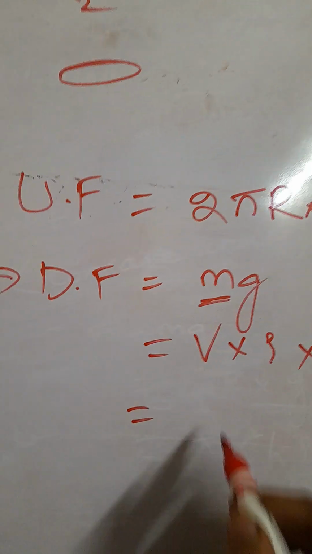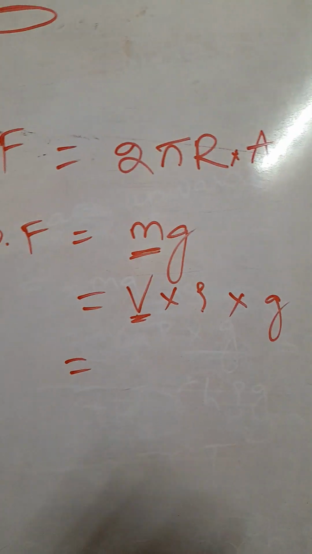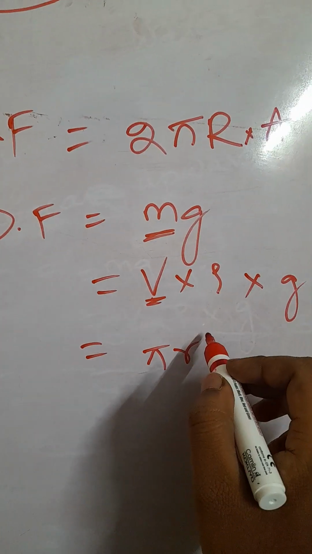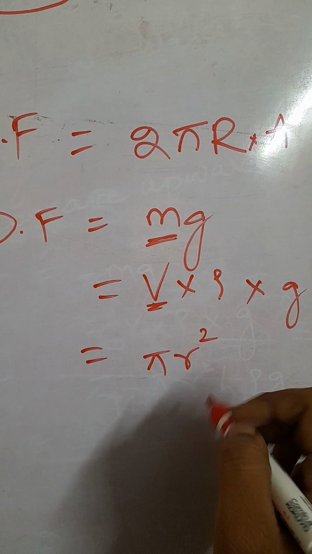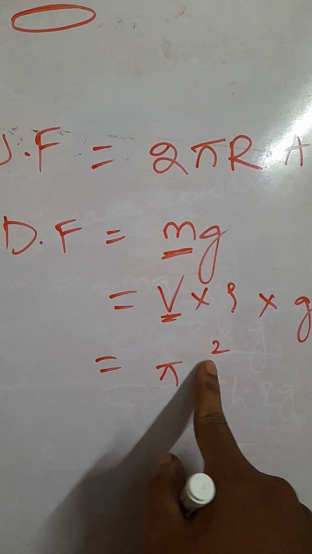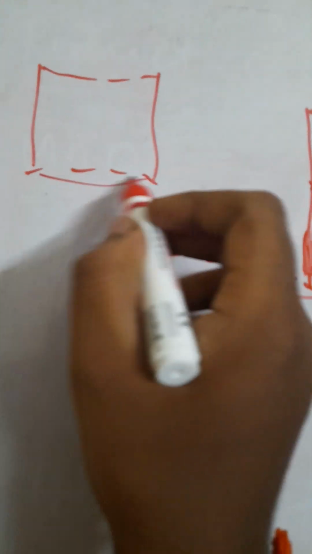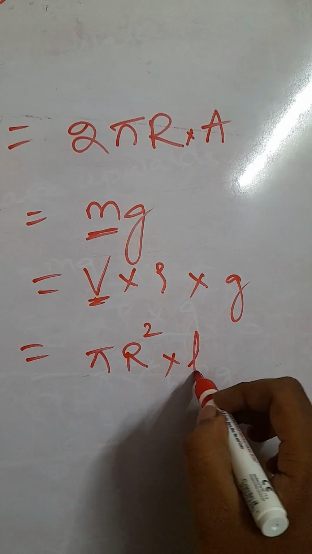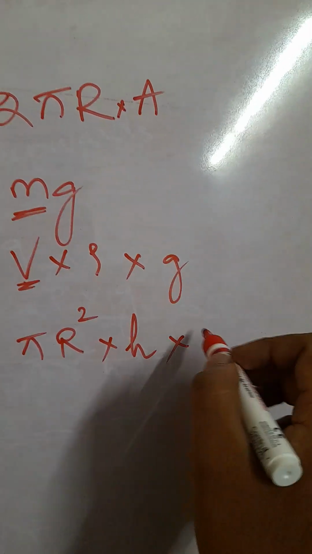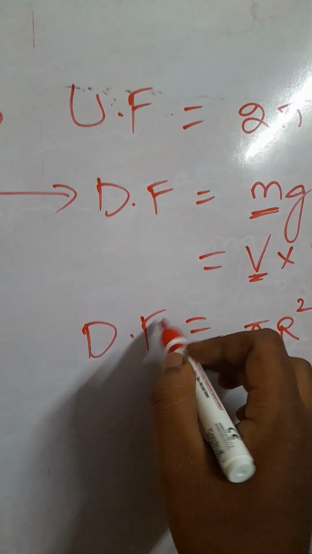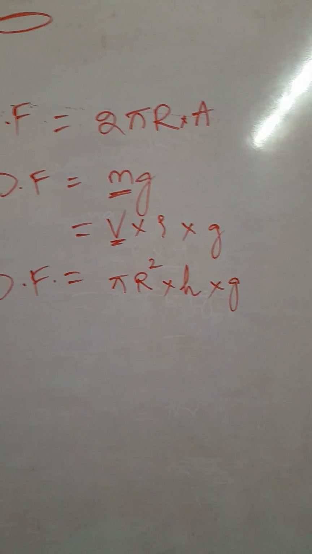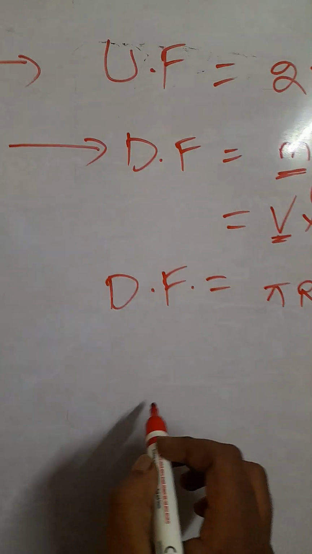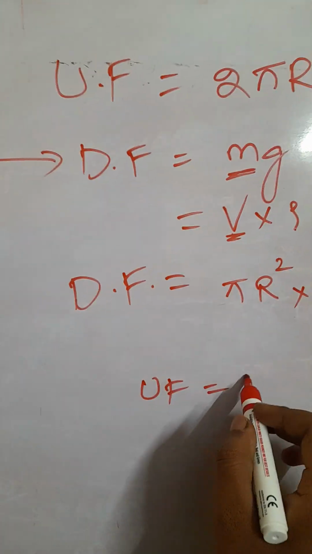So volume of a cylinder is pi r square h, where r would be the same as the radius of the glass tube and h is the height of the water in the glass tube, into rho and g. This is the downward force. In a particular scenario, this upward force and downward force both will be equal. So upward force is equal to downward force.